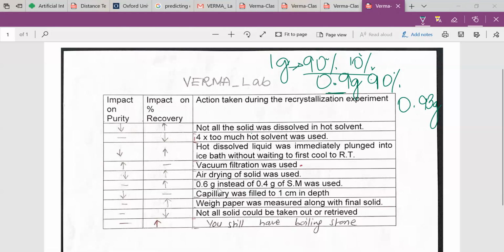Similarly, if your capillary was filled to 1 centimeter in depth, this is where your melting point lab will help you. Usually, we allow up to 1 millimeter of material to be filled.